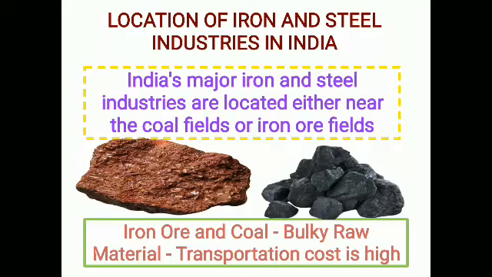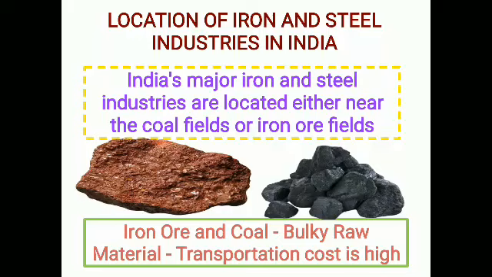But particularly for the iron and steel industry, it has to be located near either the coal fields or the iron ore. What is the reason behind it? Both raw materials, coal as well as iron ore, are bulky and heavy. So the transportation cost from the mining area to the factory, and from the factory to the market, is very high.